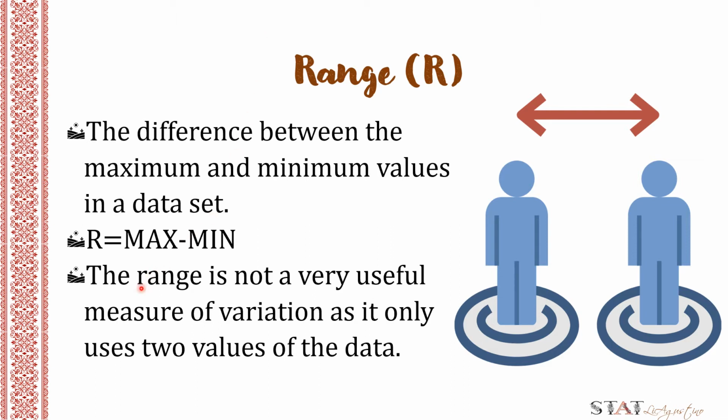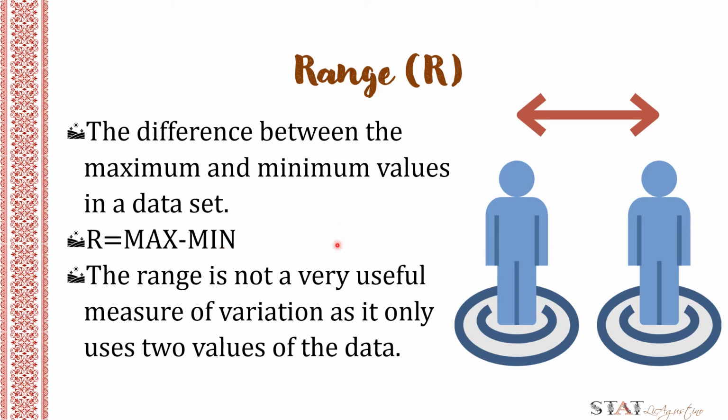There are some critics who say that the range is not a very useful measure of variation as it only uses two values of the data. As I've said, you just take the maximum and the minimum value. But how about the data points in between them? How far are they from each other?